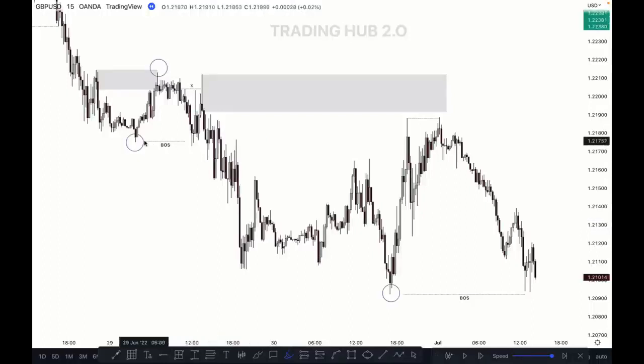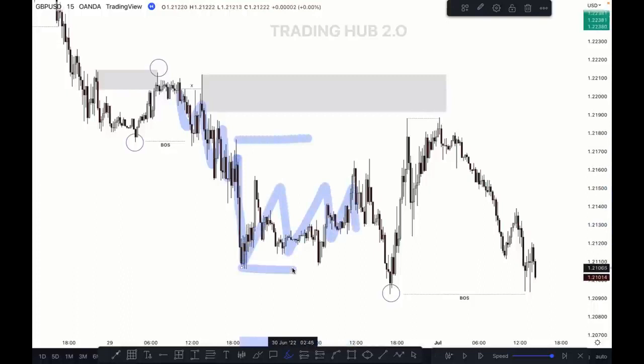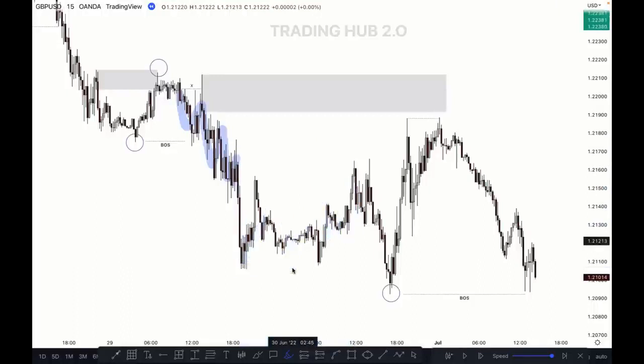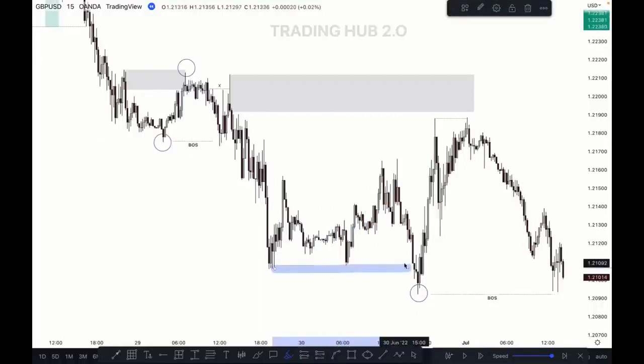So in this case, the market breaks the structure and pushes downside, correct? And then what happened? Price ranged between this high and low, correct? Then the market broke this structure, and some people say this is a break of structure.